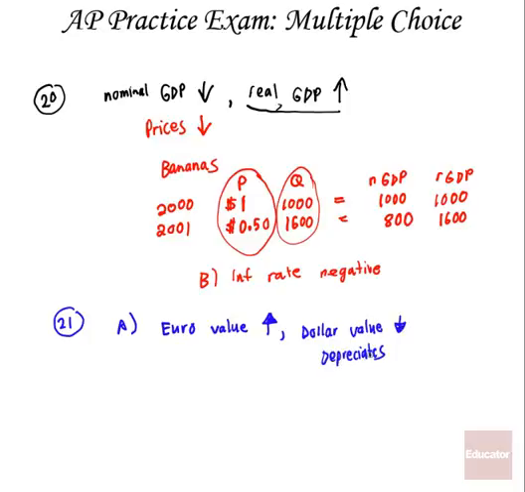So if it depreciates, it's cheaper, and recall the equation Y equals C plus I plus G plus NX. So when the dollar depreciates, NX is going to increase, because $100, let's say, equals 100 euros.